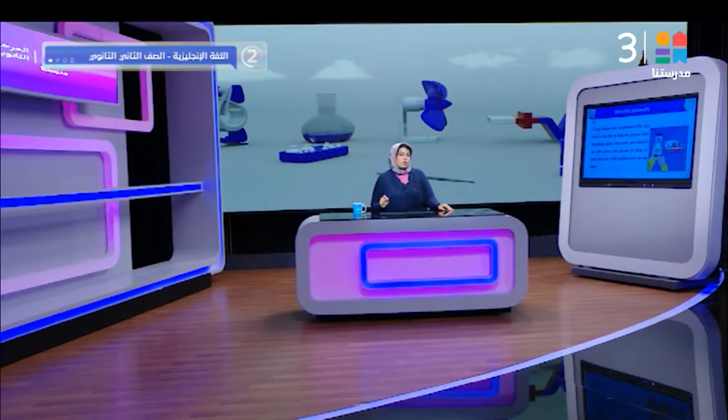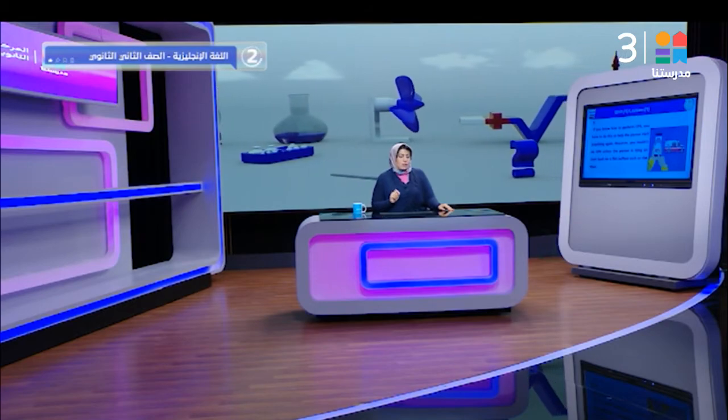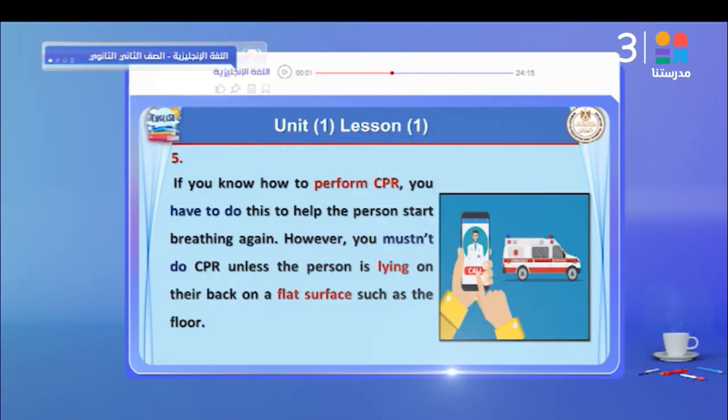What I shouldn't do or what I mustn't do is not to perform or do CPR unless the person is lying on their back. We have the word CPR with 2 verbs so far. عندنا كلمة CPR ظهرت لنا ب2 verbs جم معاها. Okay?